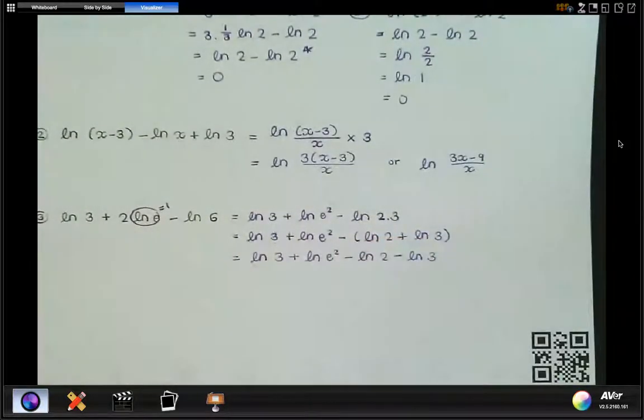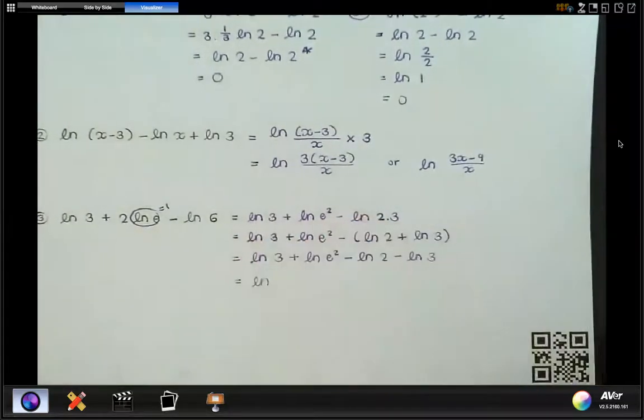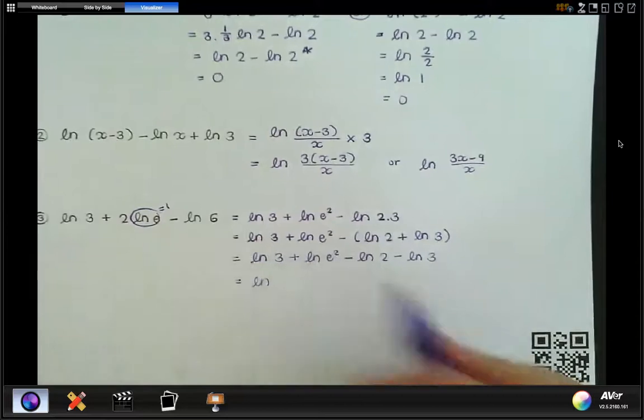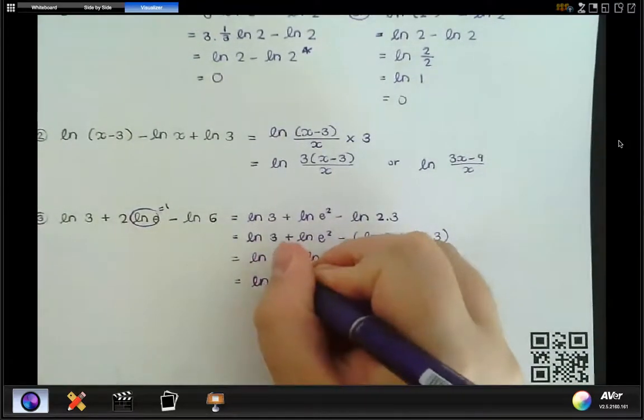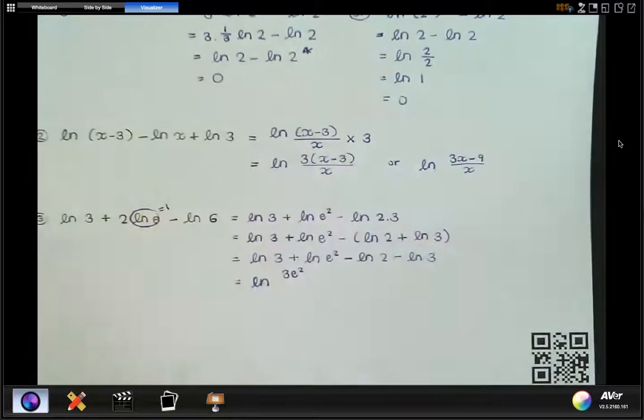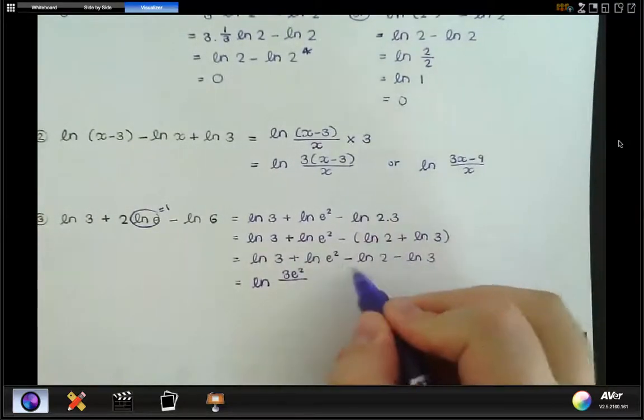So I'm just going to use laws 1 and 2 to simplify it all to one log. So we're going to have ln of 3, and here we have plus e squared. Sorry, let me just fix that. So it's going to be 3e squared over 2 and also 3, because it's minus ln 2 minus ln 3.